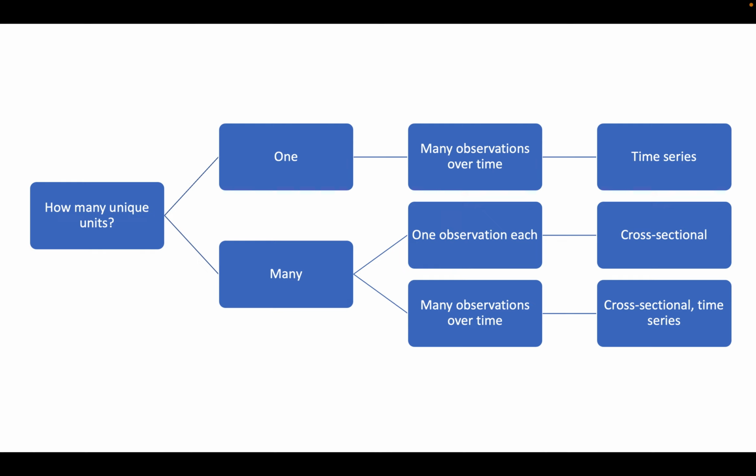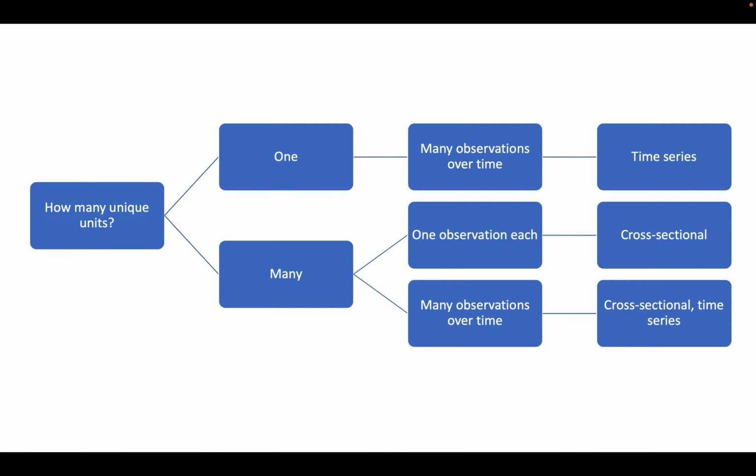For instance, if we had annual GDP per capita measures for the United States, we're just measuring in the United States, so that would be the unit. But if we are looking at it over time, over a number of years, then we have a time series design. Now, if we go down from the how many unique units to many, then we could move from many observations over time to one observation each.